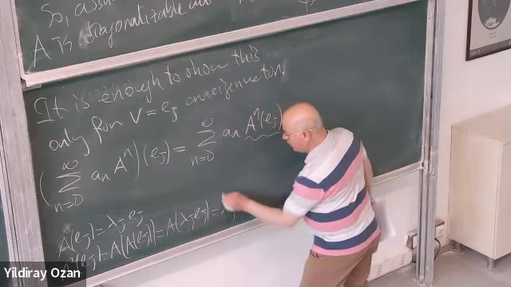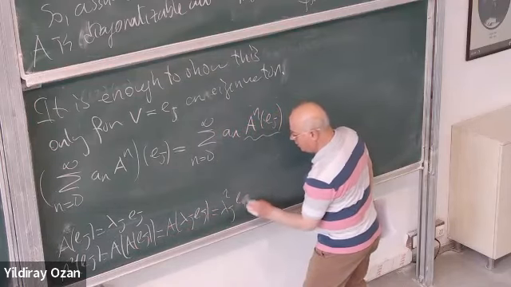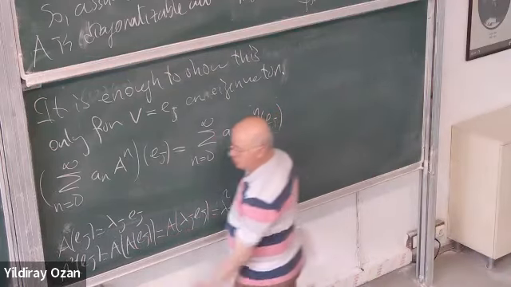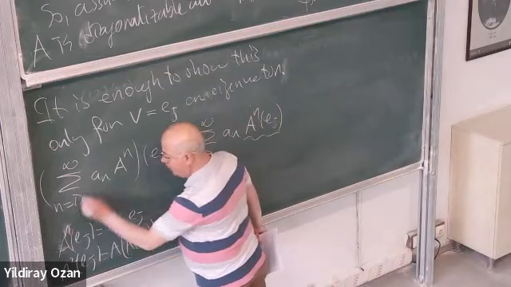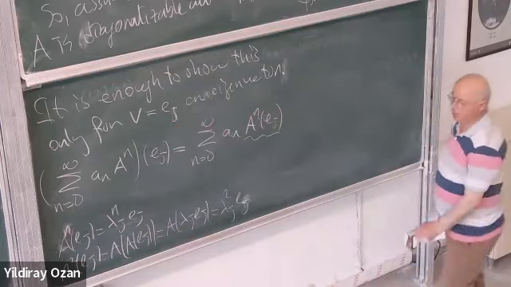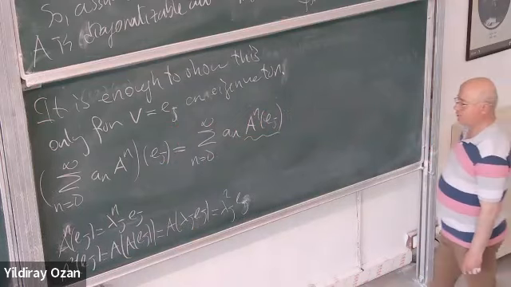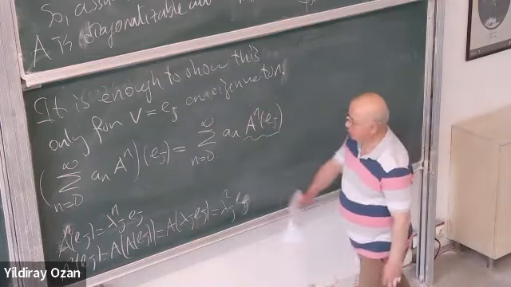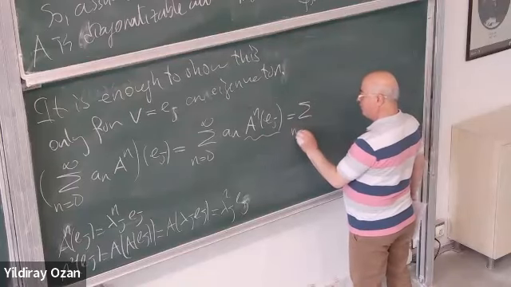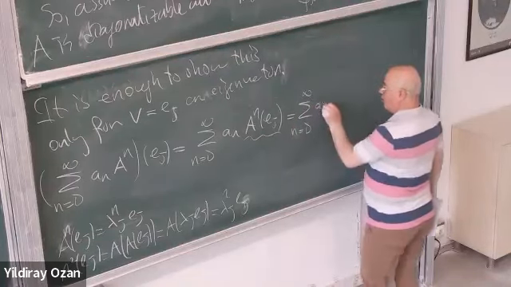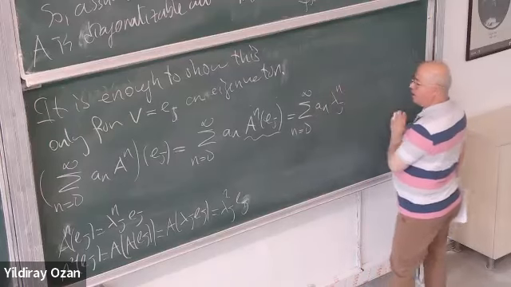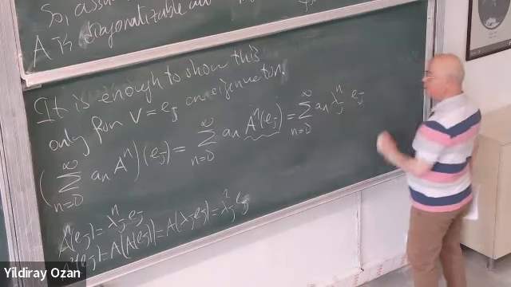So this is lambda_j squared times e_j, and so on. Therefore, if you apply this n times, you get lambda_j to the power n times e_j.